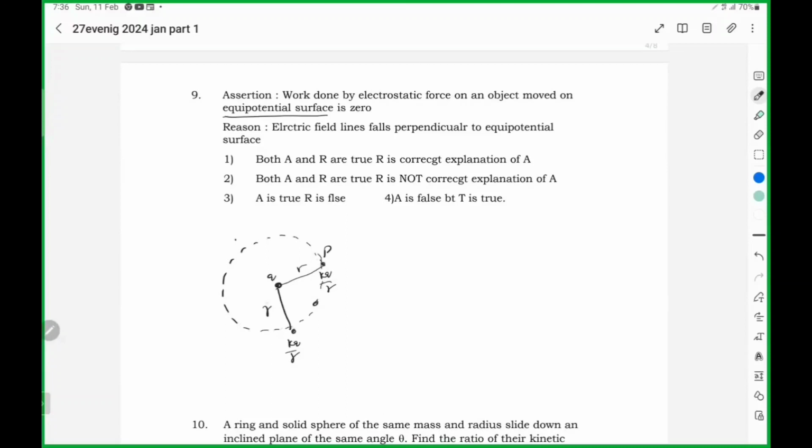So this is for a point charge. This is only for example. For a point charge, the equipotential surface is a sphere. At r units distance in any direction in space, the potential is the same. Such points' locus will be a sphere.